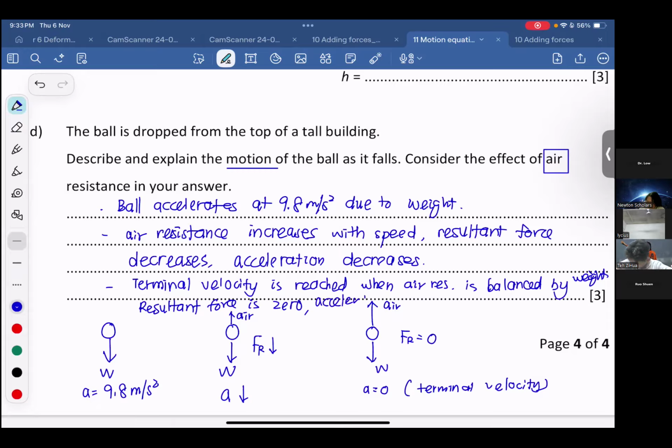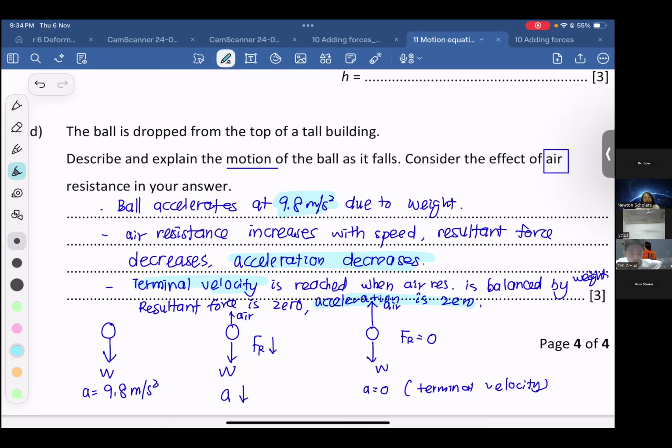Acceleration is 0 also. Motion is talking about acceleration: 9.8 initially, then acceleration decreases. At the end, acceleration is 0 and terminal velocity is achieved.